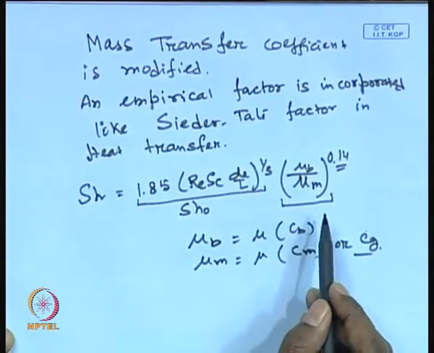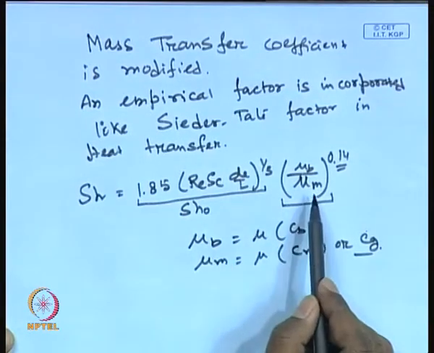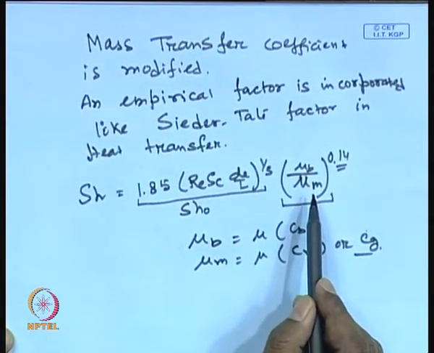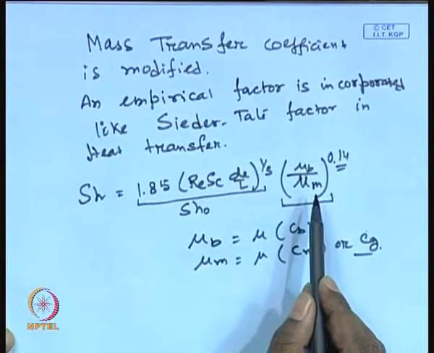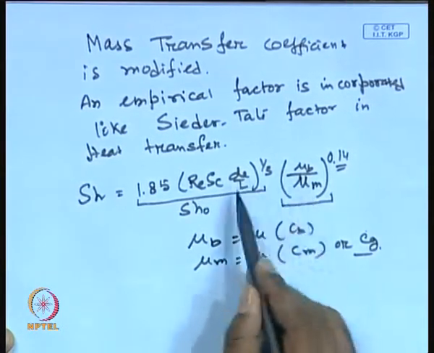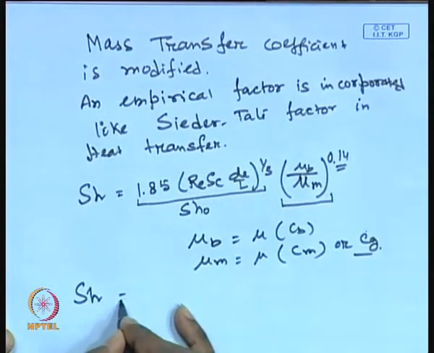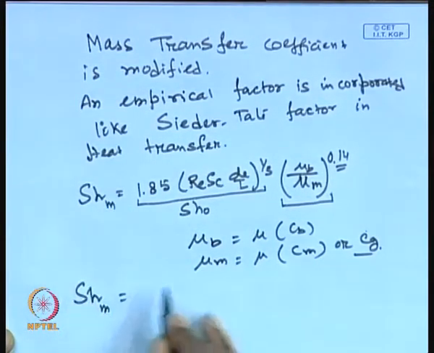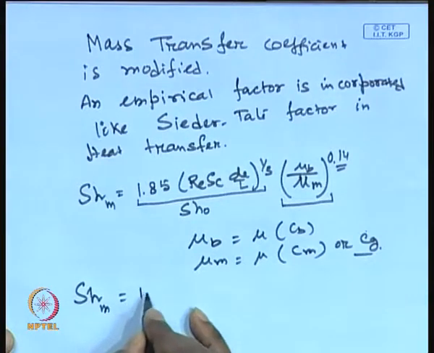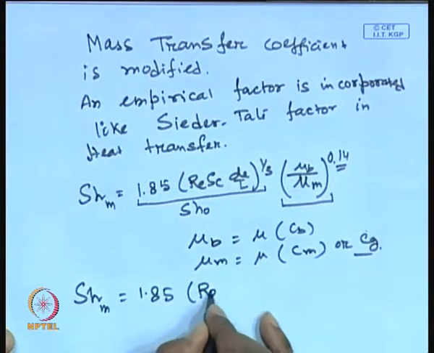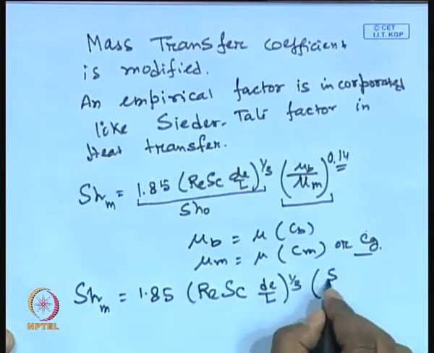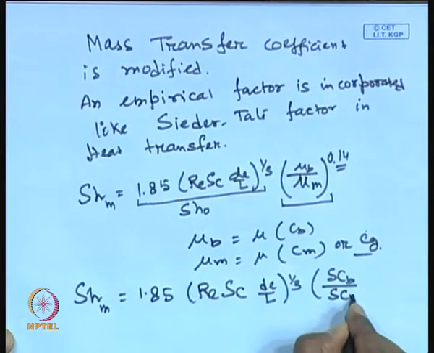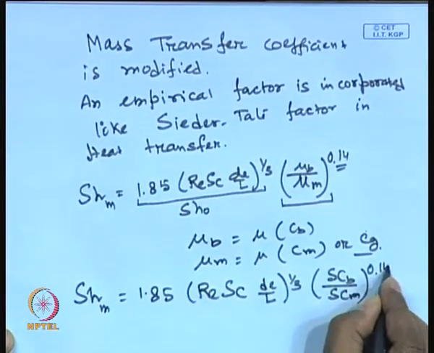Now, there is another modification of this equation. What this equation gives is only the variation of viscosity within the concentration boundary layer, because it is the strongest. If we would like to incorporate the variation of diffusivity and density as a function of concentration, this will be slightly modified, and this becomes Sh subscript m, a modified version: 1.85 Re Sc d by L raised to the power 1 by 3, times the Schmidt number at bulk divided by the Schmidt number at membrane surface raised to the power 0.14.